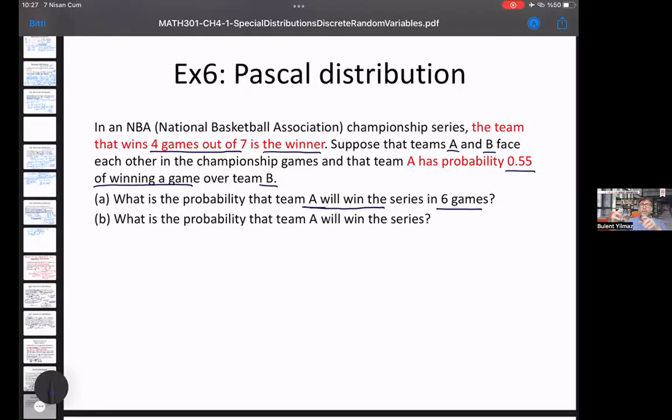So there are possibly 7 games, and some team has to win 4 games out of 7. So the probability of team A winning the series in 6 games, not going to the 7th game. The series should end at the 6th game. Now I want you to focus on this and give me the answer, please.